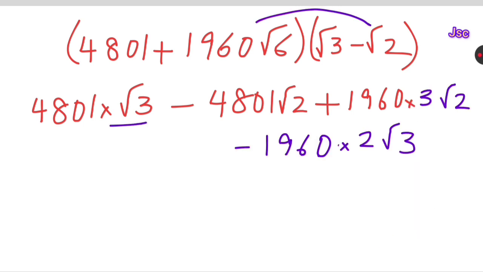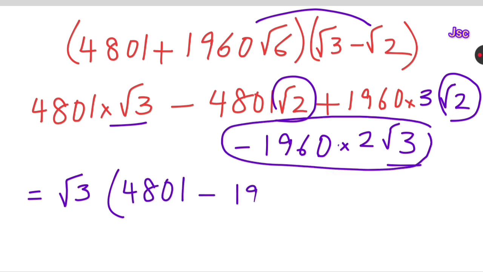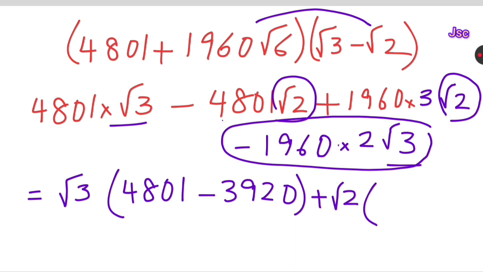Now here we have a root 3 term, here we have root 3, and here we have root 2, here we have root 2. Let's first take the root 3 term as common, and then you are left with 4801 minus 1960 times 2. After multiplying by 2, this value is 3920. So now take root 2 as common, minus 4801 plus, this is the root 2 term, right?